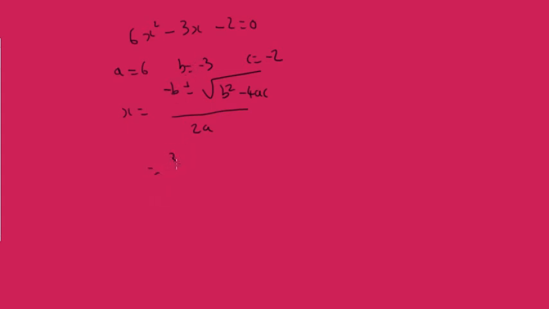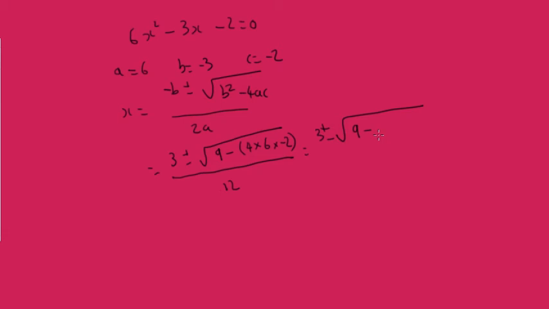Minus 3 is going to become plus 3, plus or minus 3 squared is 9, minus 4 times 6 times minus 2, all over 2a. 2 times 6 is 12. So 3 plus or minus the square root of 9 minus 3. Let's see what that is.